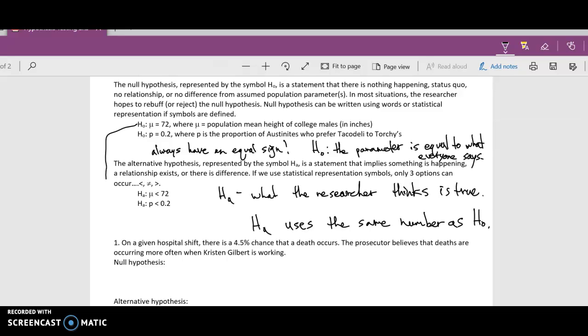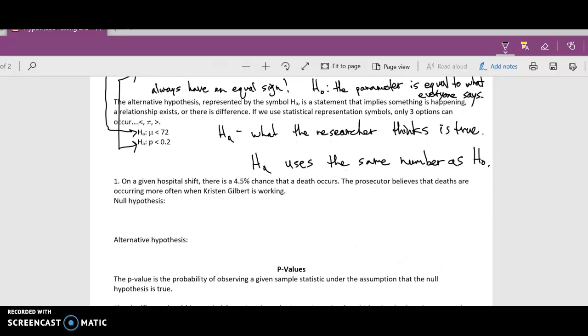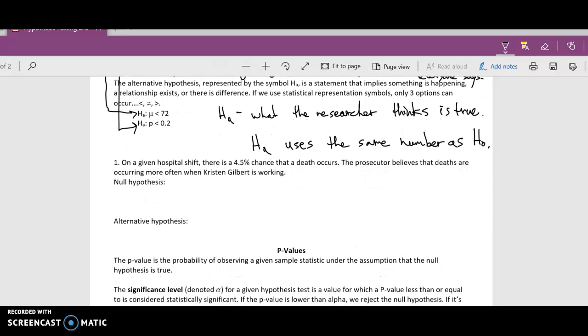So these guys match, right? You're always going to have a null and an alternative hypothesis that match each other. There'll be mu's and there'll be 72s, or there'll be p's and there'll be 0.2s.